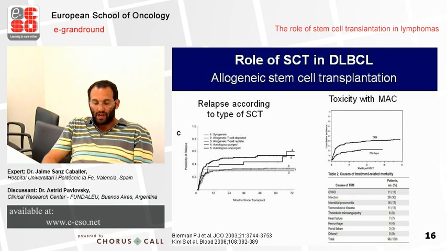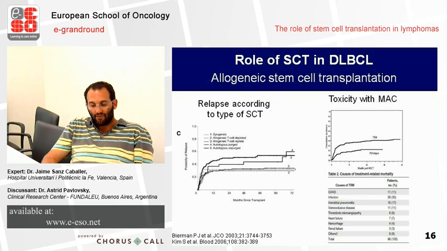It needs to be pointed out that previous studies suggested a very modest GVL effect, if any, in aggressive histologic subtypes. We can see in the figure a slight reduction of the relapse rate after allogeneic stem cell transplant, but no impact of T-cell depletion or syngeneic transplant.